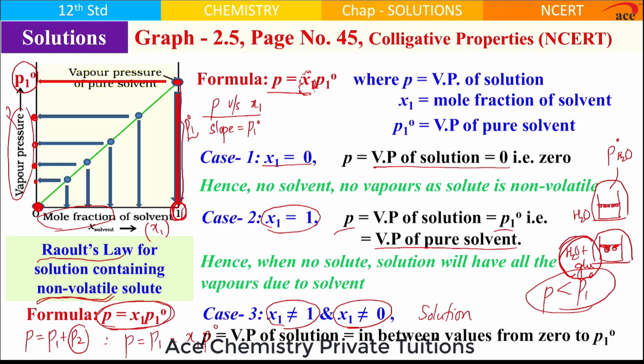If there are fewer water molecules on the surface, there will be fewer vapors due to water. So vapors produced by the solution will always be less than the vapors produced by the solvent, because glucose molecules also occupy the surface.